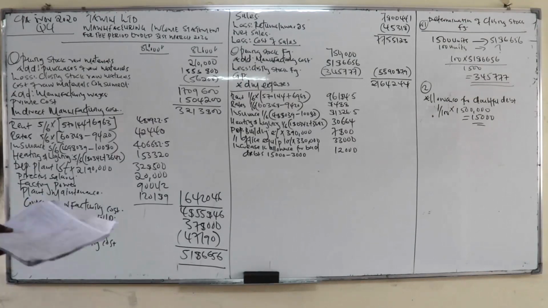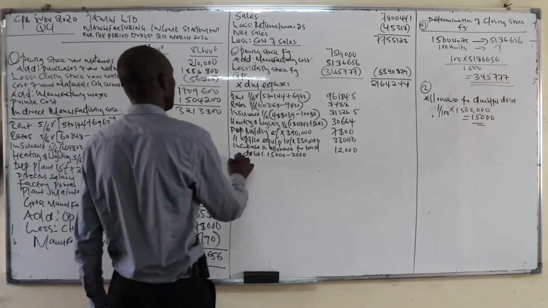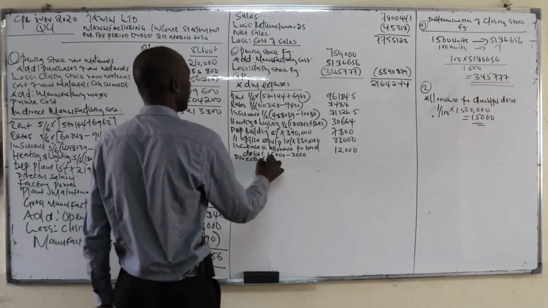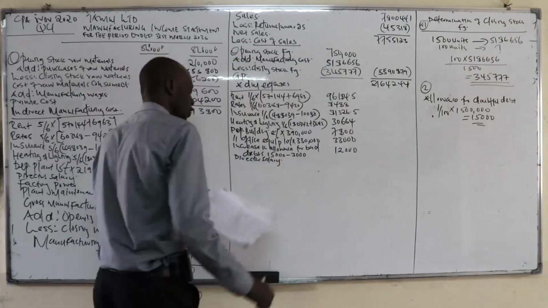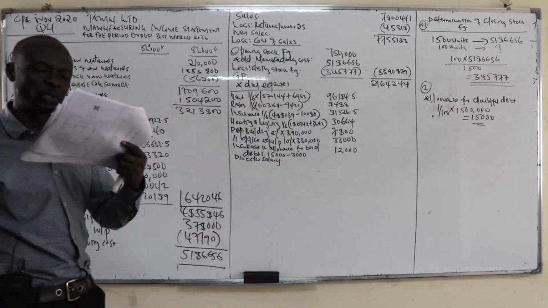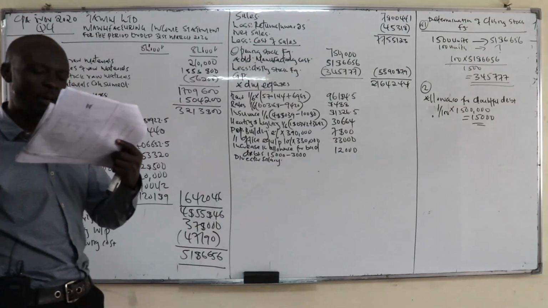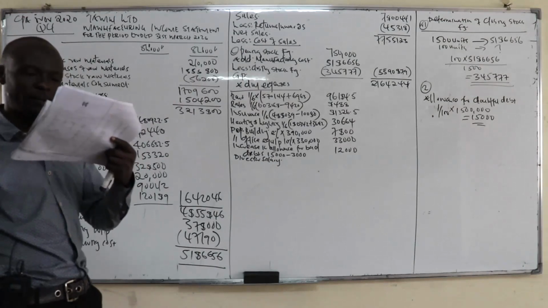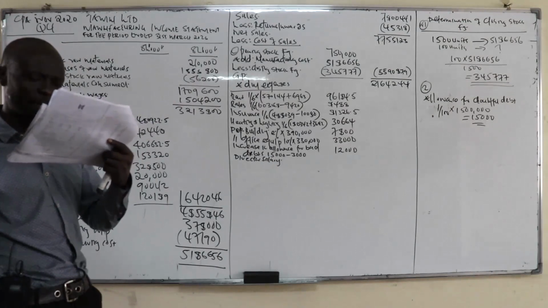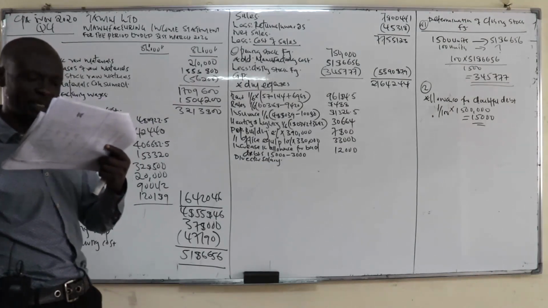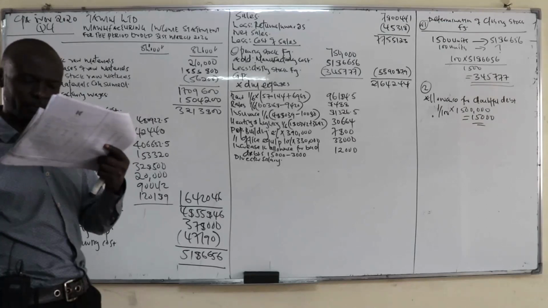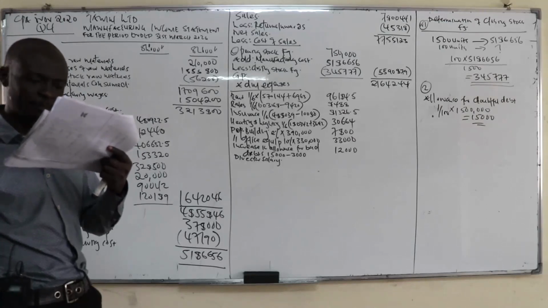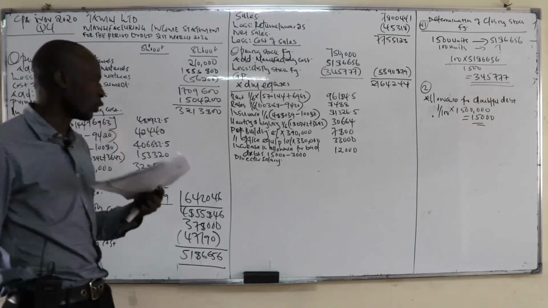And then we had director's salary. So we had been told the total director's salary was, how much was it? Where is this figure? Why am I not seeing it? Where is it? Oh, it's near the heating. 9306, isn't it?